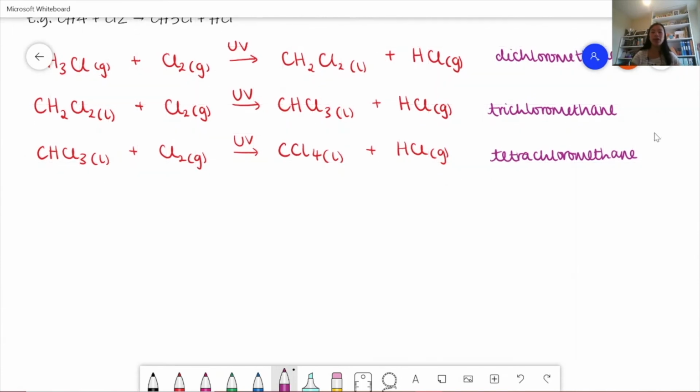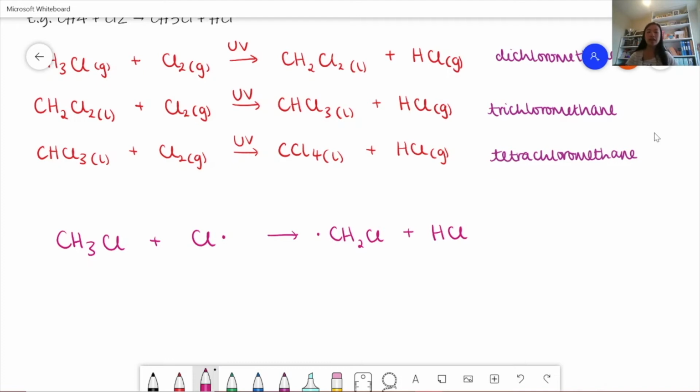So for example, if we look at the CH3Cl, and if this reacts with excess chlorine, that means from the excess chlorine there will be more chlorine free radicals. And so then this will react, and the chlorine free radical would take off a hydrogen from the CH3Cl. So we would get a free radical of CH2Cl and also hydrogen chloride gas.